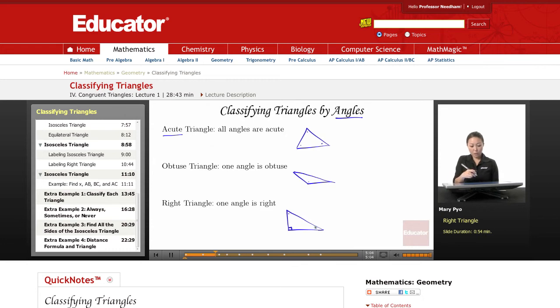Now, if I try to draw two angles of a triangle to be right, see how there's no way that could be a triangle, okay? Because a triangle, remember, has to have three sides. Tri in triangle, this right here, tri, means three, okay?